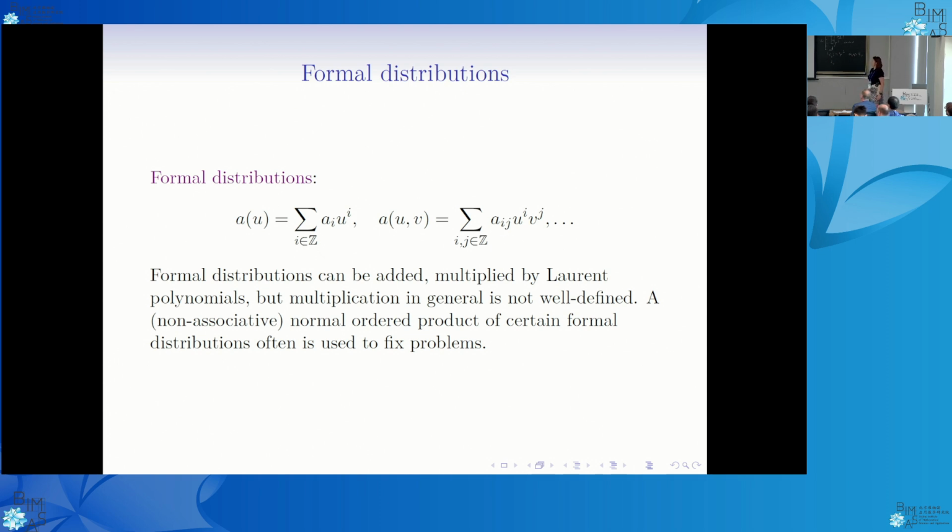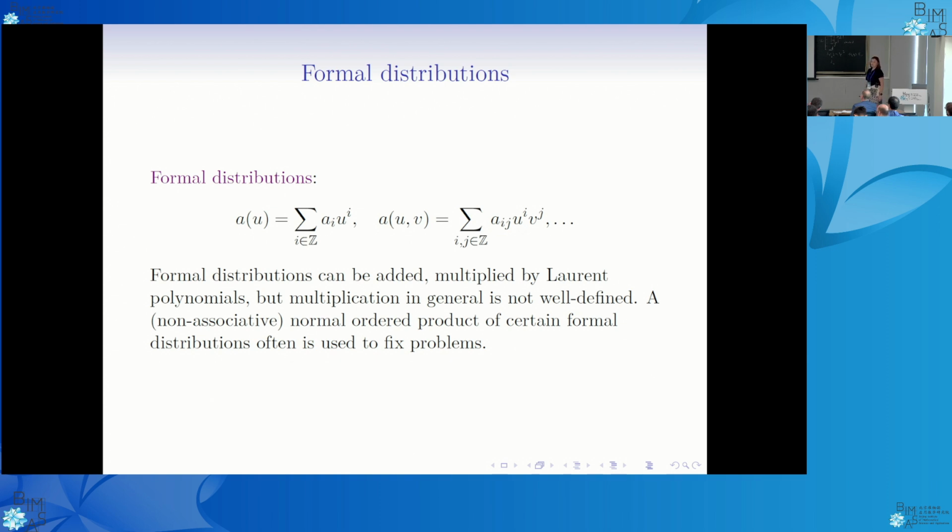We can look at formal distributions with coefficients in complex numbers, or operators acting somewhere in a vector space. We can take one or two or several variables. Formal distributions can be added, and they can be multiplied by Laurent polynomials.